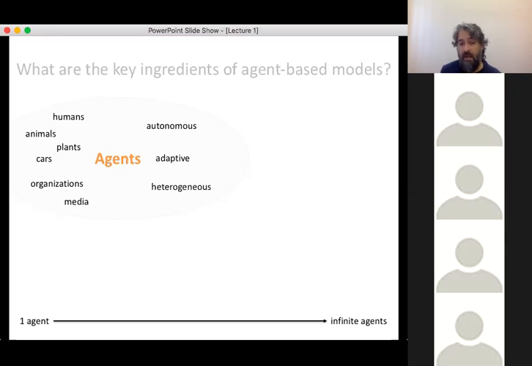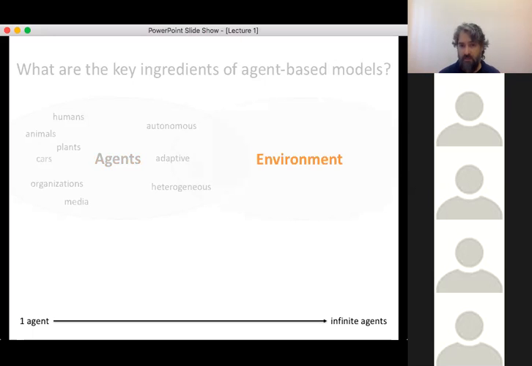And they don't have to be, but they can be heterogeneous. What does it mean? It means that you can have multiple agents belonging to different species or different categories within the same simulation. Okay, so what do we do typically with these agents? Well, typically we don't want the agents to live in a vacuum. We want the agents to be part of an environment, to interact with an environment.